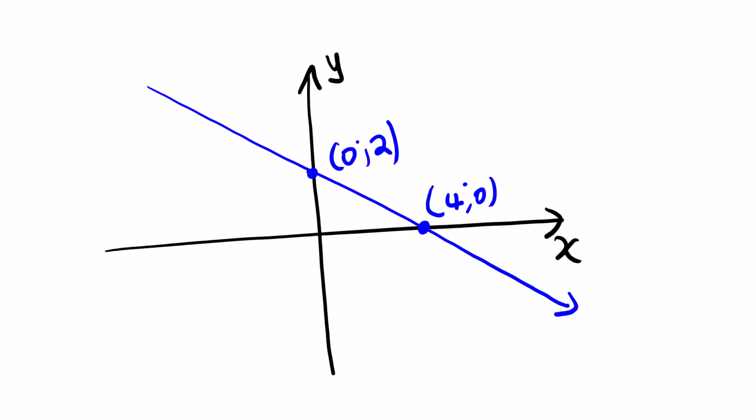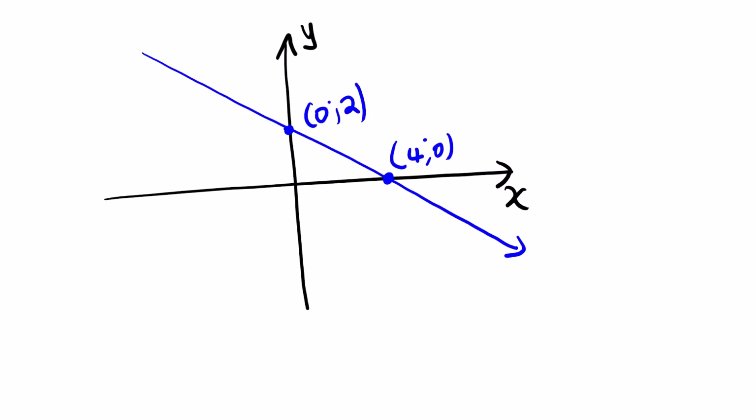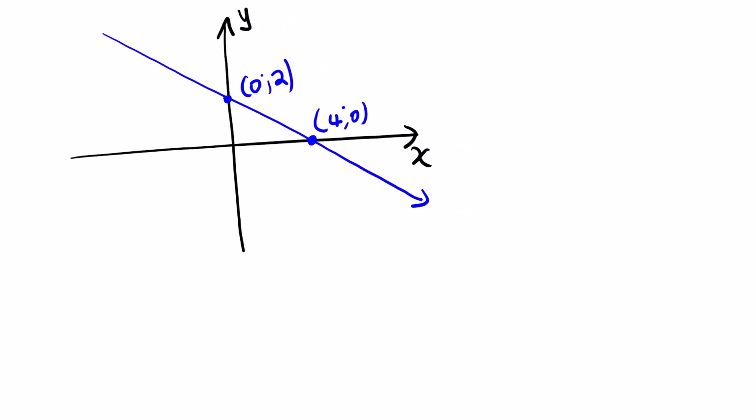Our next example is a bit different. In this case, we are given the graph and then the question: determine the equation of the graph. Now, in order to answer a question like this, we need to understand the steps that we need to undergo. The first thing that we need to do is determine the gradient. We need to calculate the gradient.